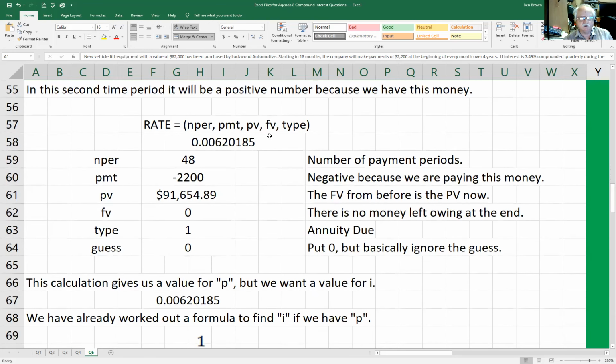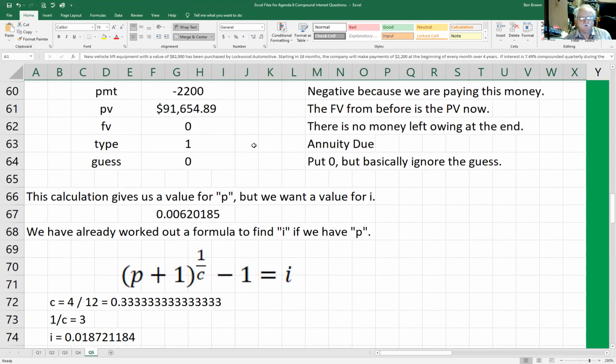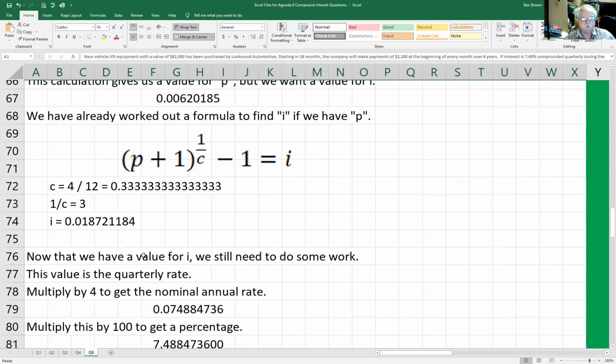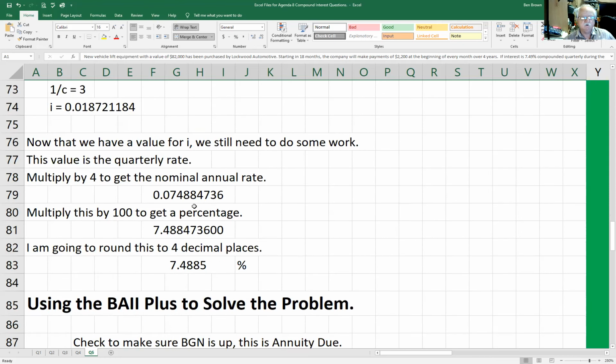And now we're calculating the rate, and we have this same ridiculous problem. The answer it gives us is P, but we don't want P, we want I. So we have the formula, and we work out the value of I, which is all fine and dandy, except we still need to make sense of it.